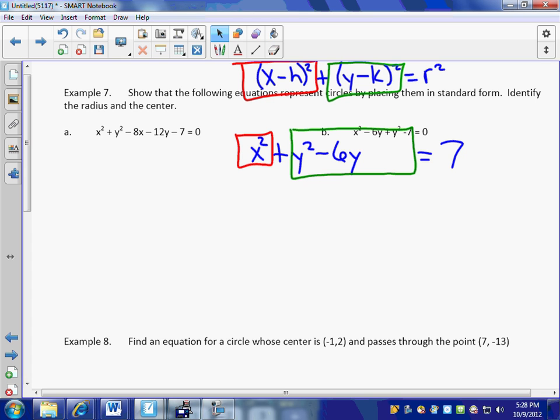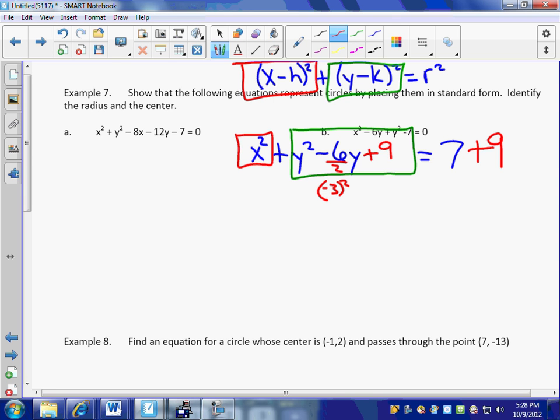So what number would you add in there to complete the square? To figure that out, I'd take my negative 6 and divide it by 2, which is negative 3, and I square it to get 9. So 9 is the number that you add to both sides. My new equation is x squared plus (y minus 3) squared is equal to 16.